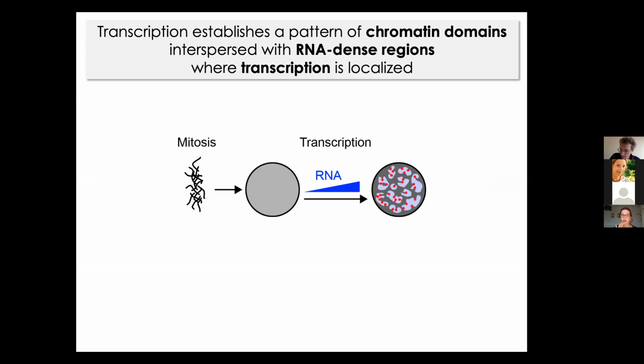So this is at somewhat higher resolution, but other than that, exactly the same as what I showed you at the beginning of the talk. I want to make one more point about this. In the images that I showed you so far, we were looking at RNA that was newly made in every cell cycle. So generally RNA, we labeled RNA with the labeled UTP.